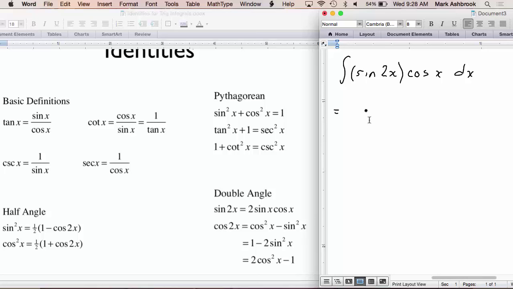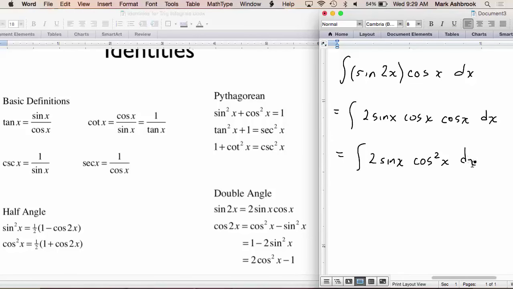Double angle formula. What is sine 2x the same as? 2 sine x cosine x. Apply the identity. Cosine times cosine is cosine squared.